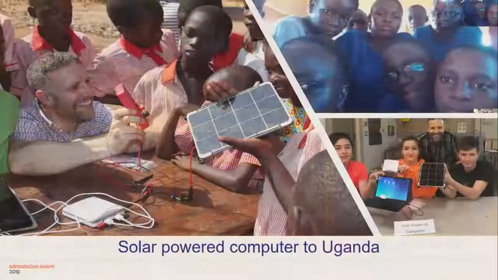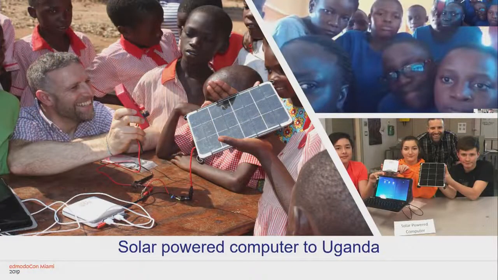And one of our recent connections brought us to create solar-powered computer solutions that we were able to get to Uganda and bring to the slum area and an area out in the outskirts of town. And once again, it was just a positive experience for my students. They were able to make a connection with the students in Uganda. There was to and fro using the digital portfolios that we have.